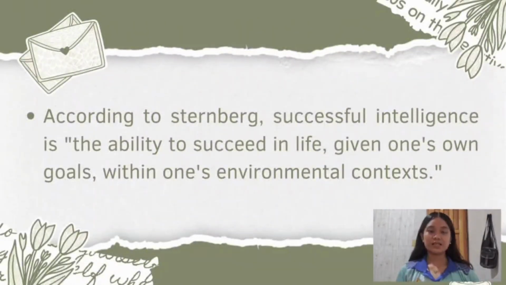Sternberg emphasizes that successful intelligence isn't just about being book smart. It is about being adaptable, resourceful, and being able to use your strengths to overcome challenges and reach your goals.